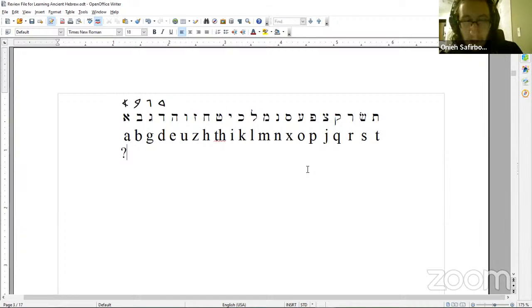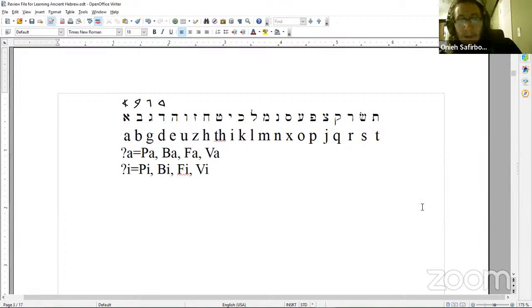So question mark A can equal pa and ba and fa and va. And question mark I can equal pi, bi, fi, vi, etc. So like I said, in Akkadian, P, B, F, and V are all part of the same letter.